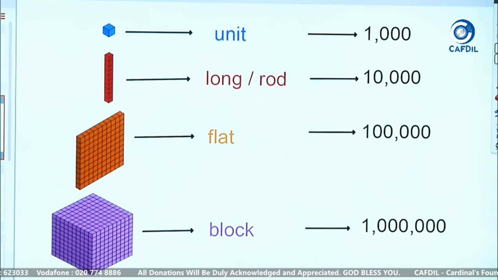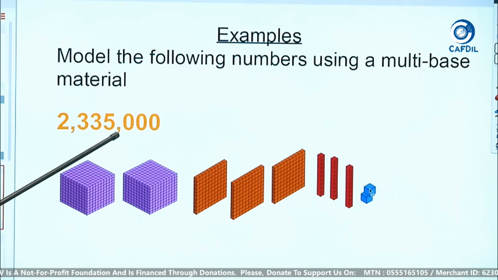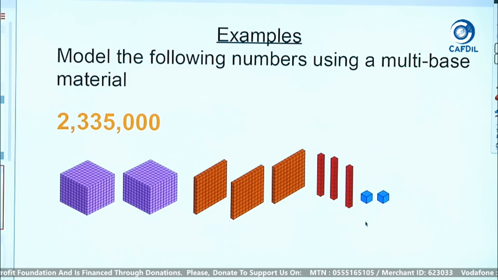And the last one, we will need our units. And how many units are we going to use? We have to model 5 because 1 is 1,000.